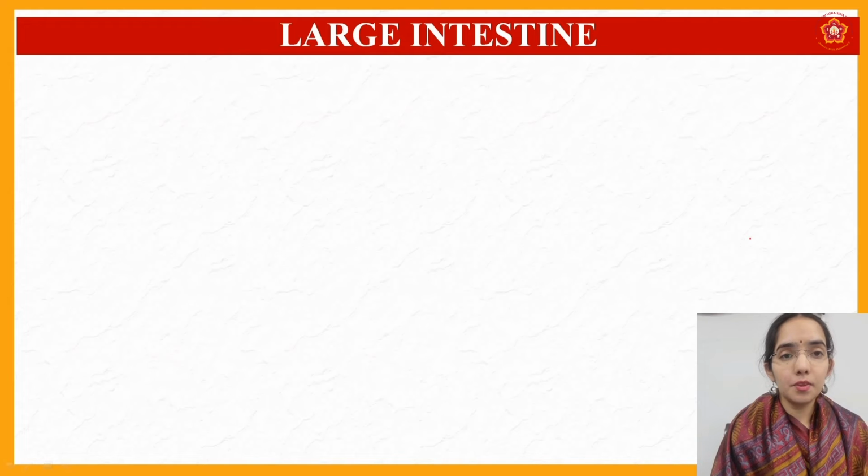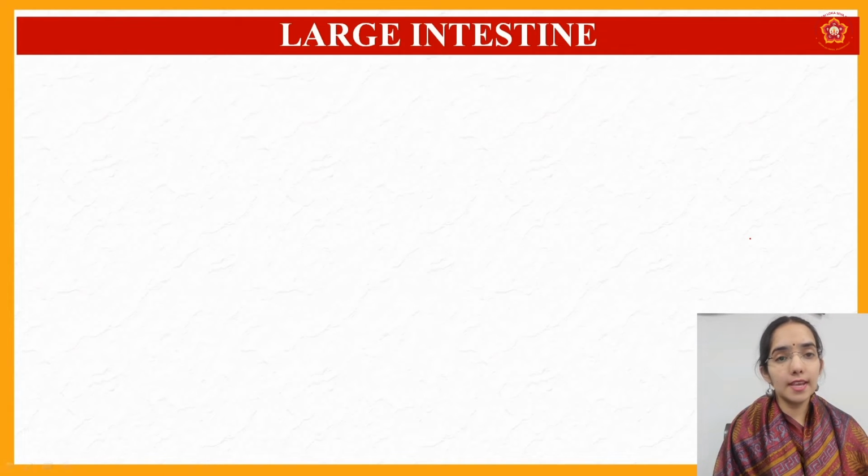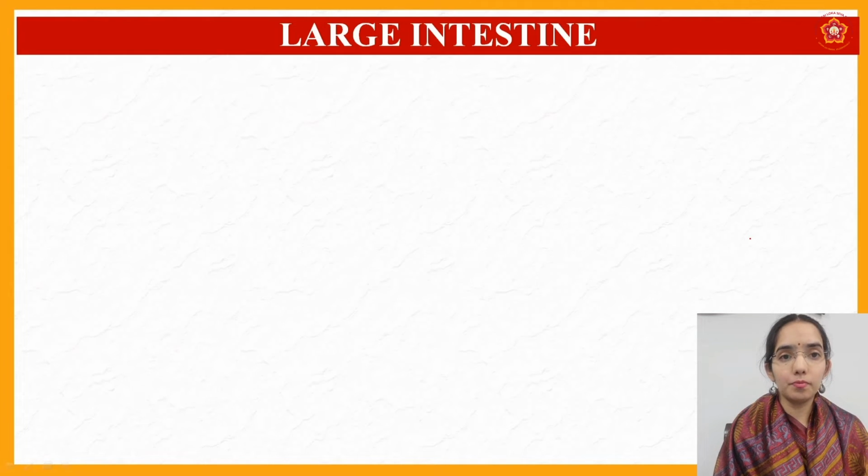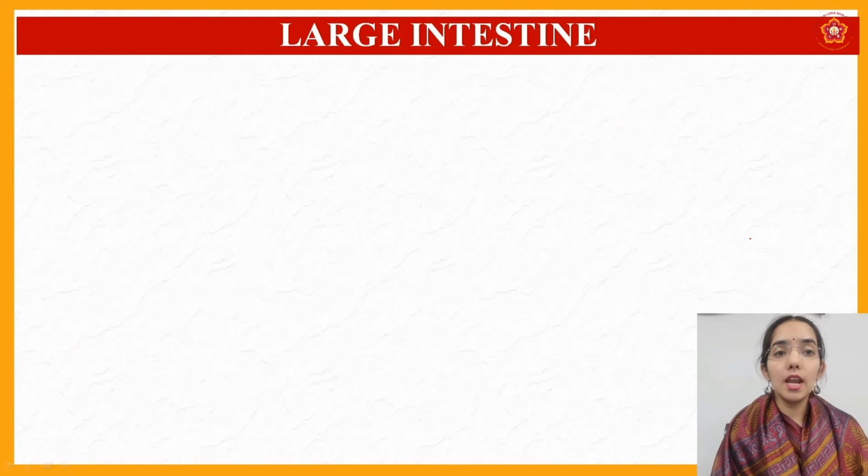So we have studied the food got digested in the small intestine. The food was absorbed, sent to all the body parts. Then the food got assimilated. So what is the role of large intestine then? So whatever was the undigested food, only the undigested food is sent into the large intestine.